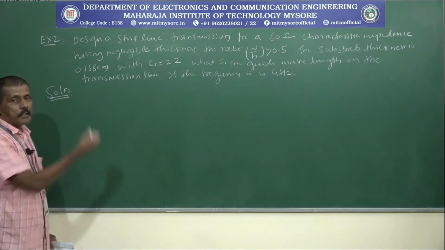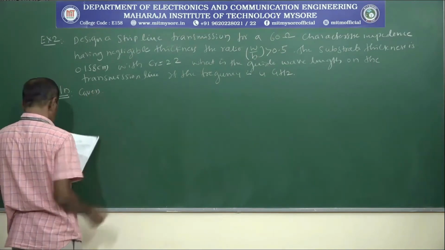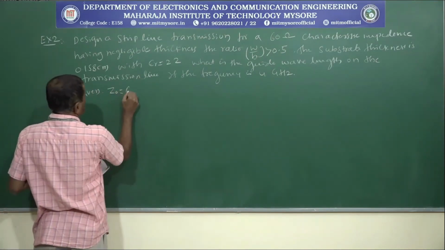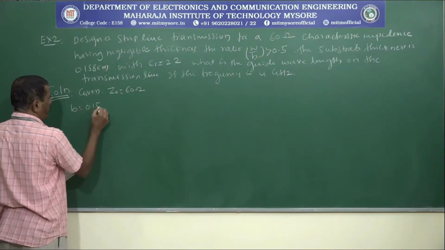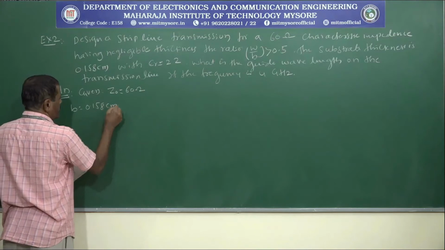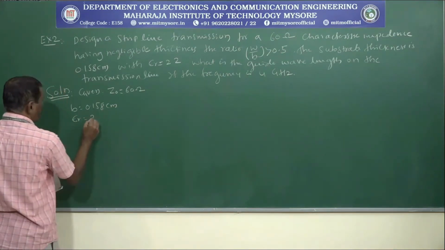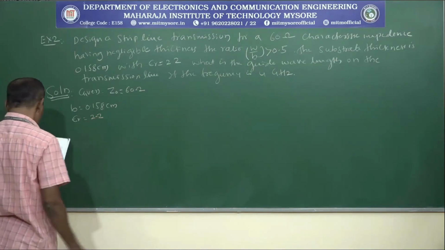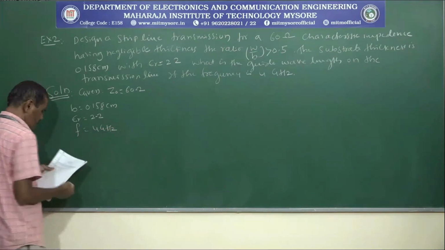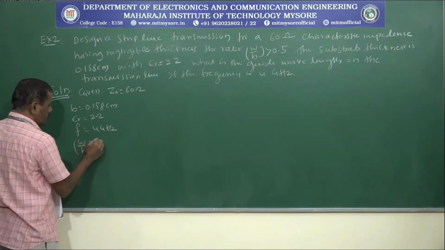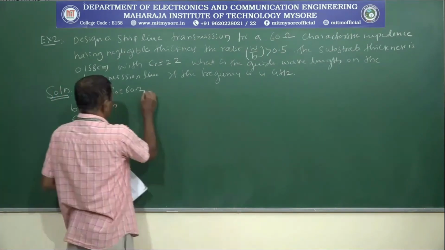First write the given values: Z0 is equal to 60 ohms, B equal to 0.158 centimeter, epsilon r equal to 2.2, F equal to 4 gigahertz. The ratio W by B is given to be greater than 0.5.